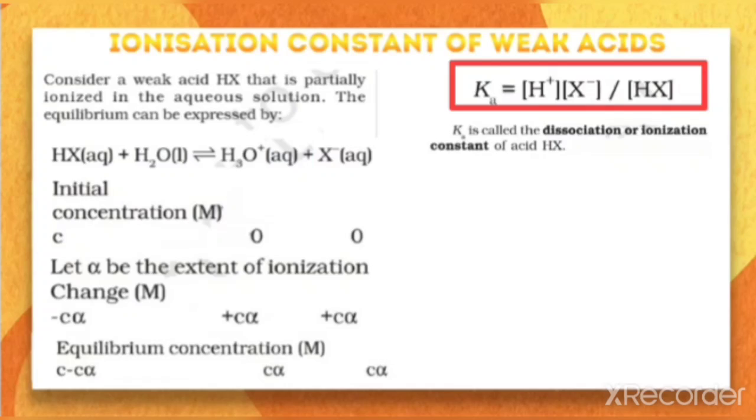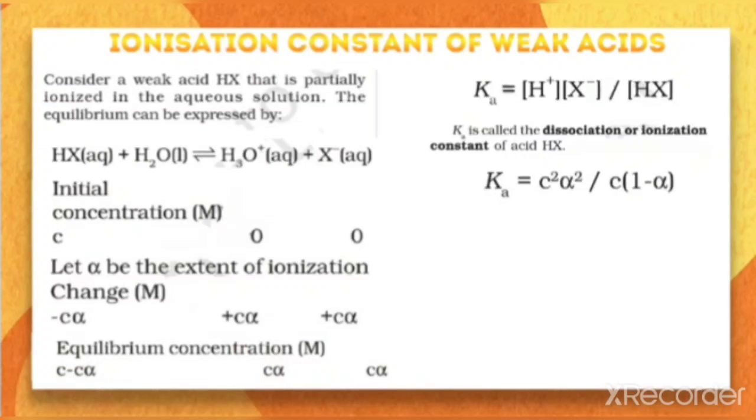Now here we have already found the value for the concentration of H+, that is this value. The concentration of X- is this value. The concentration of HX is this value. So we'll substitute these values in this. So what will we be getting? We'll be getting it in this way.